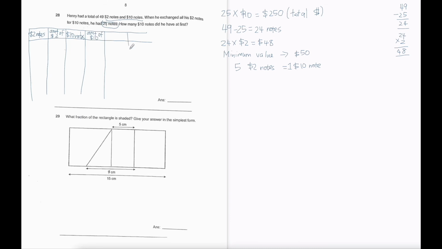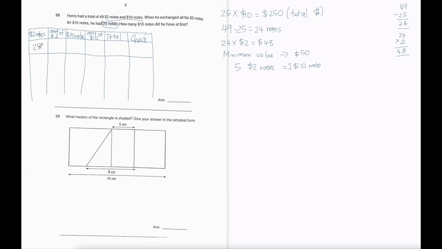Over here, we'll just find the total. And lastly, we have our check. Knowing that there were at least $50 worth of $2, let us just try out 25.